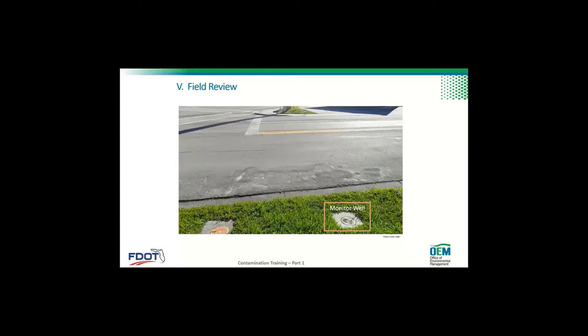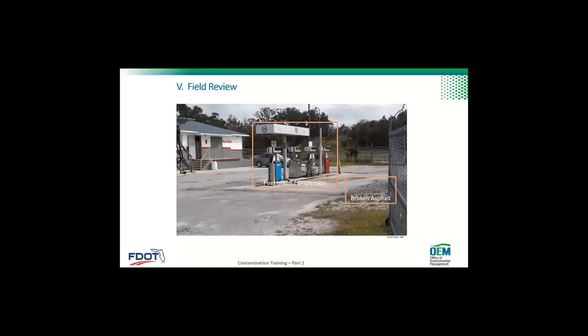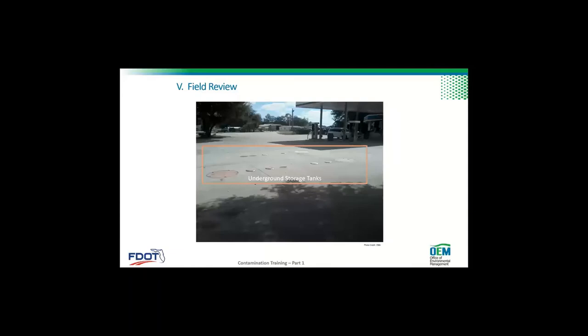And these will, if you're widening on here, then you'd have to properly abandon these monitoring wells. And here's a fuel dispenser, broken asphalt near dispenser is a problem, because then if there's a leak, or if there's a spill on the surface, it'll go down through the asphalt. And this is what underground storage tanks look like.